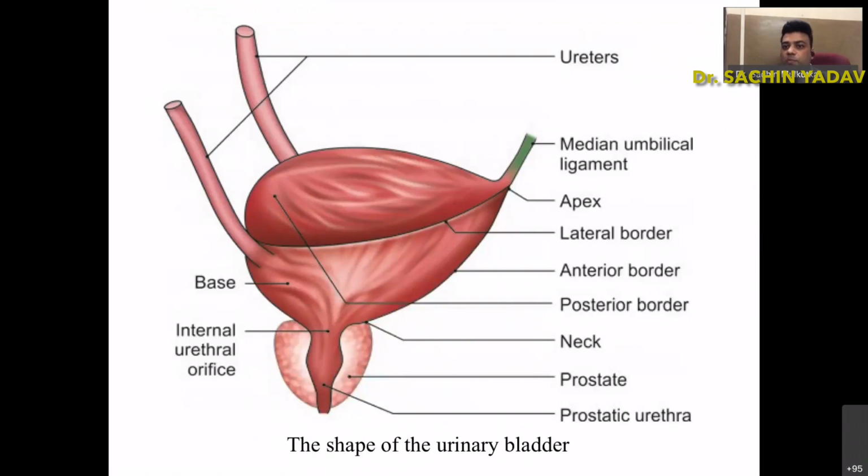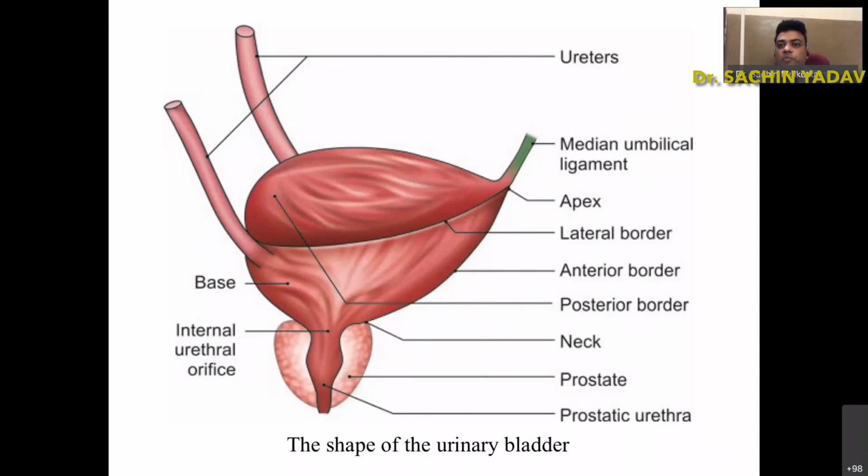You can see this is the empty bladder, the pelvic organ. On the right side of the screen, you can see the apex. This bladder we are seeing from the right side, so anteriorly the apex is there.